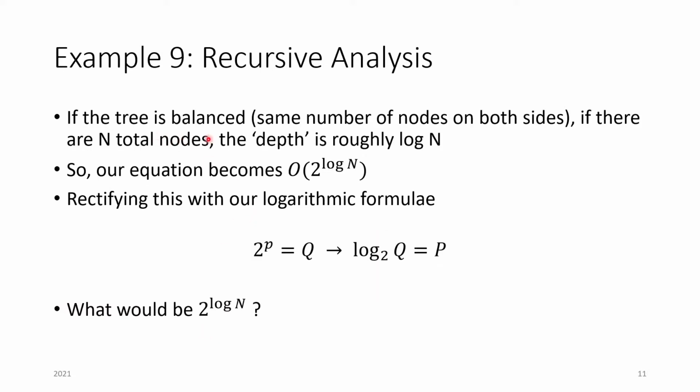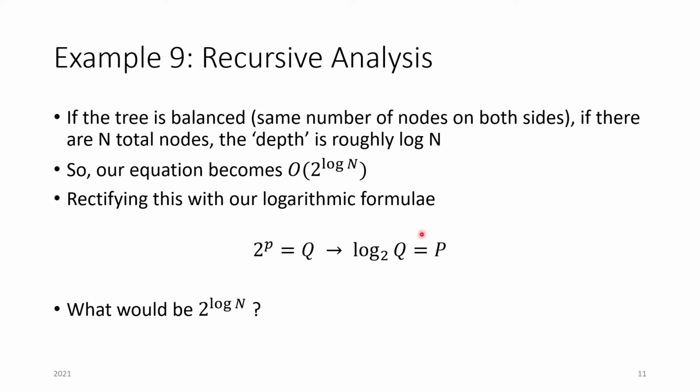So if the tree here is balanced, meaning that we have the same number of nodes on both the left and the right, and there are n nodes, the depth is going to be roughly log of n. So that means we go O of 2 to the power log of n.